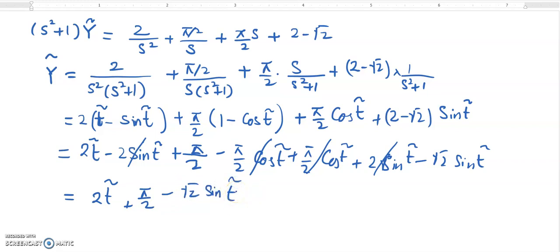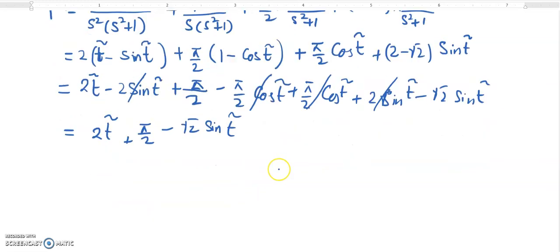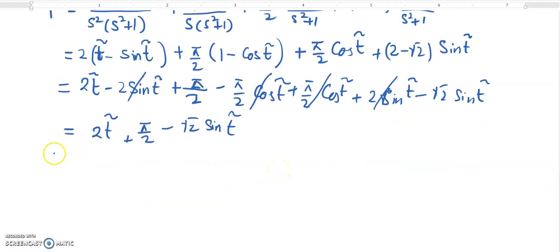Now we have to move from t tilde to t. Because t was equal to t tilde plus pi by 4, t tilde will be equal to t minus pi by 4. So we need to convert it.